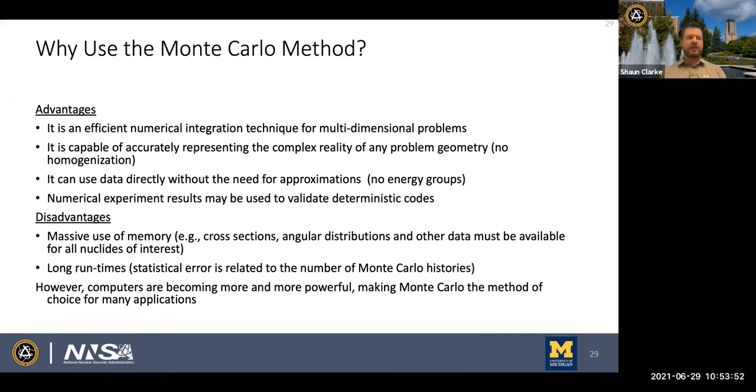If you look at the manual for some of these codes, it'll say that the uncertainty scales as 1 over root n for a well-behaved tally. It basically means it goes as 1 over root n if n is large enough. If n is 1 or 2 or 3, it's not going to scale. Once the problem begins to converge, at that point, it'll then scale as 1 over root n.